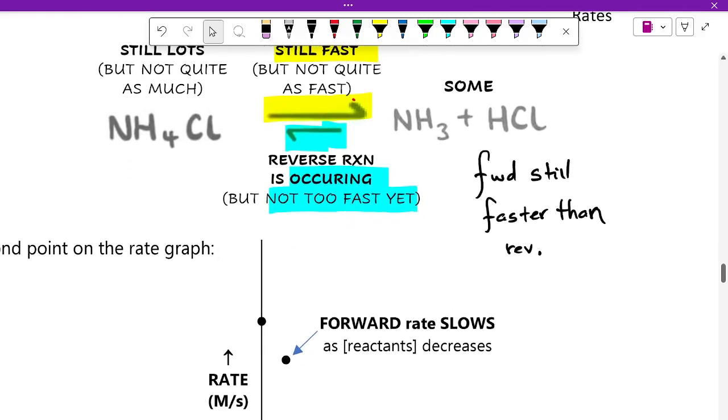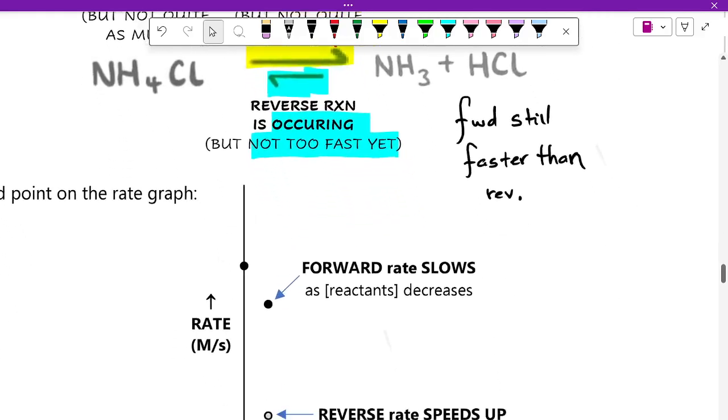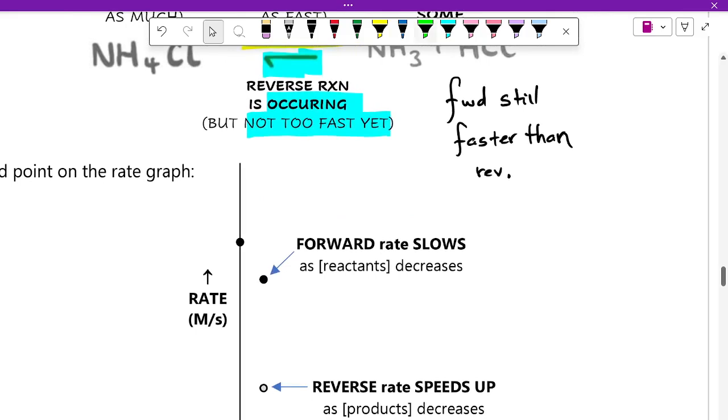So if we put that on our graph, the forward rate started really high and now it got a little bit slower. The reverse rate started at 0 and it got a little bit faster. So far, so good?